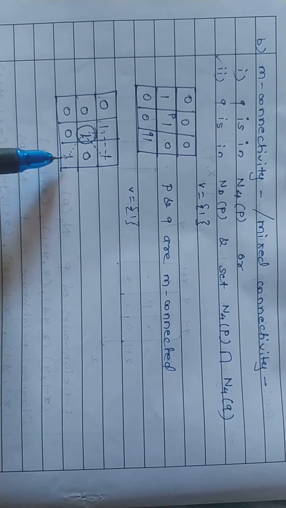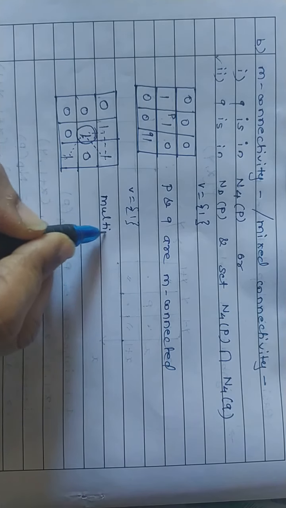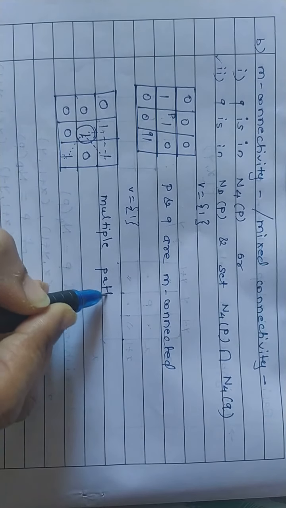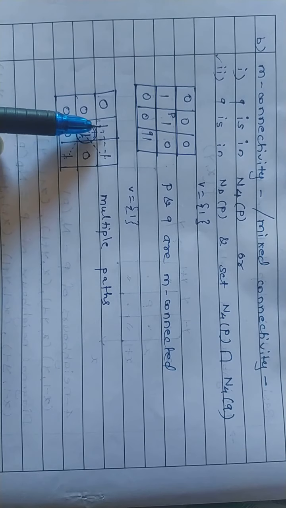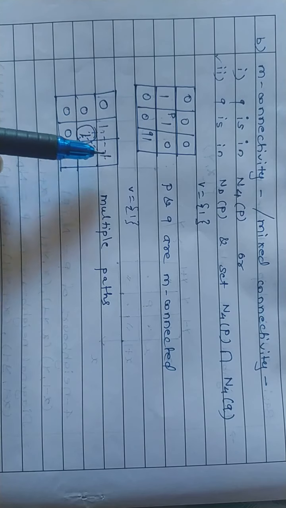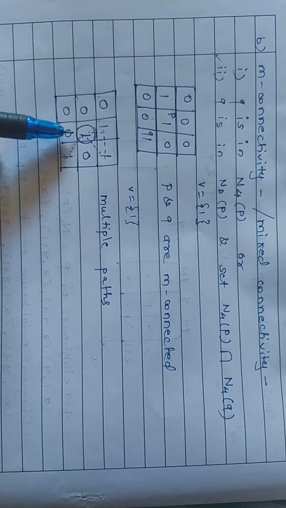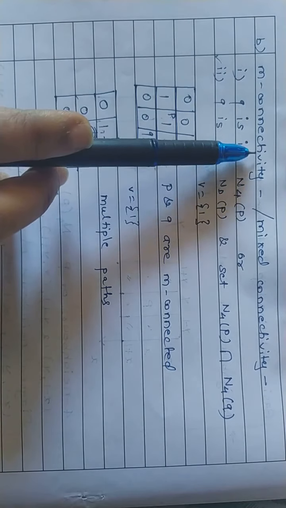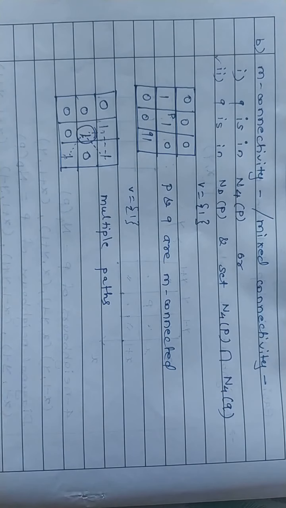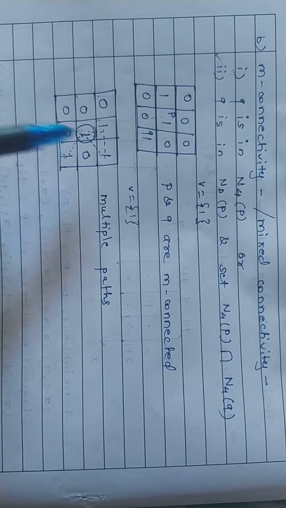With this center pixel, these pixels have 8 connectivity, and multiple paths are present from the center pixel to this particular pixel. This is called ambiguity or multiple path ambiguity, and such multiple path ambiguity can be removed with the help of this M connectivity. So with the help of M connectivity we can remove the multiple path ambiguity.